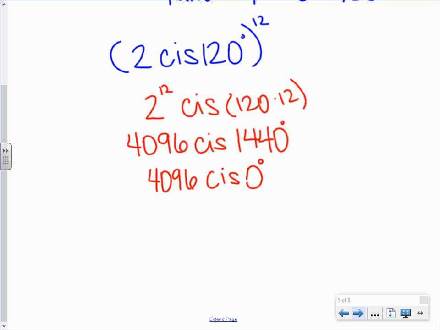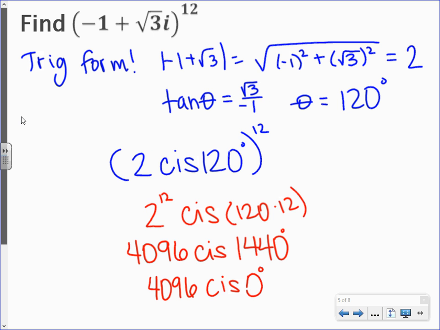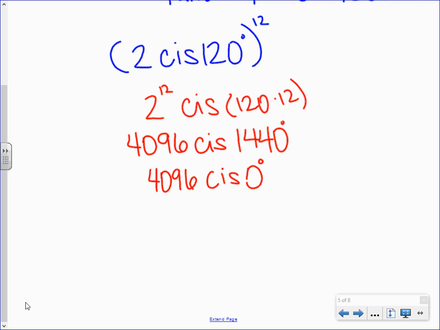Okay. So, first of all, we have an answer, right? We have a complex number. What form did I give you the problem in? Standard form, right? So we need to get it back to standard form.